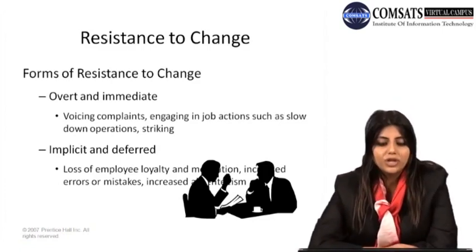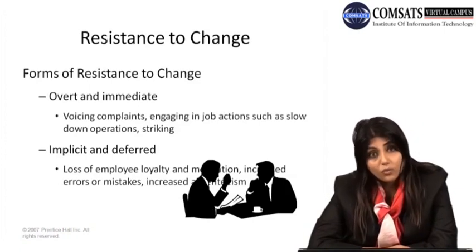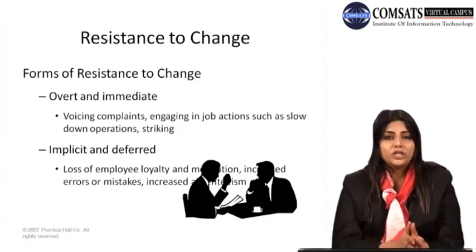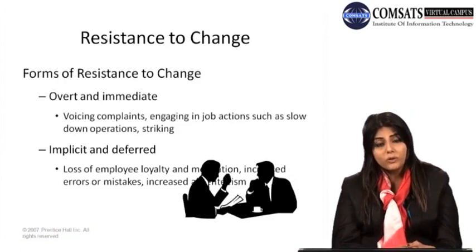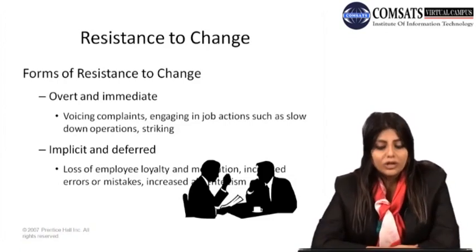The resistance to change can basically take various forms. One is the overt and immediate, in which your manager is asking you for a certain change and you respond that you don't like that change, and you voice your complaints.